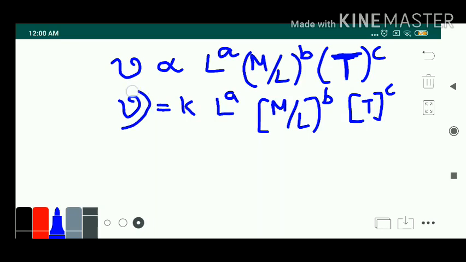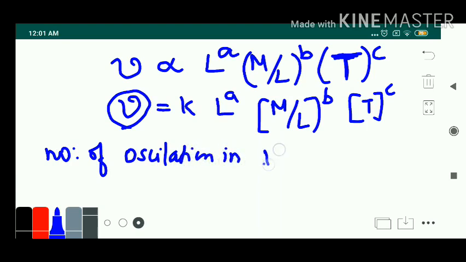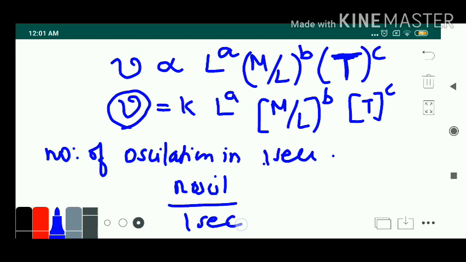Now, what is the dimension of frequency? What is frequency? The number of oscillations, or to and fro motions, in 1 second. The number of oscillations is just a number, so does it have any dimension?